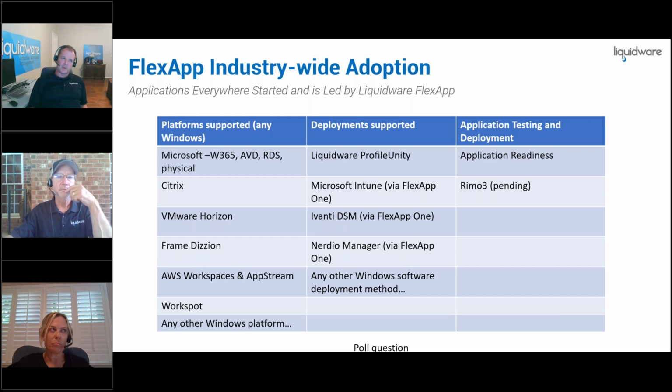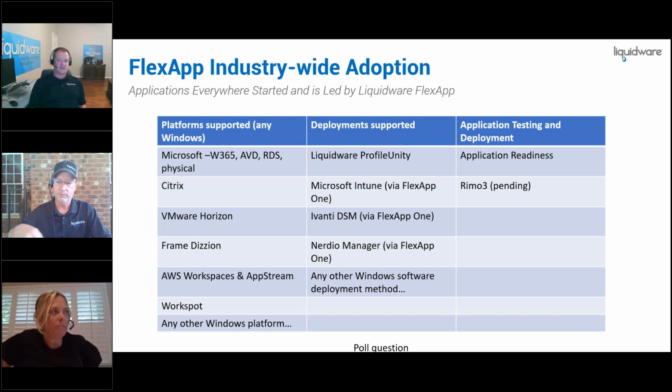And so they're fully compatible with us, and they've also leveraged our API. So not only can they test for compatibility against us and App Volumes and MSIX, and by the way, we look great in their independent testing because of our high compatibility rating, but they can kick off our application packaging processes too. That is fully available and out there today. There's a press release that went out on it last month.